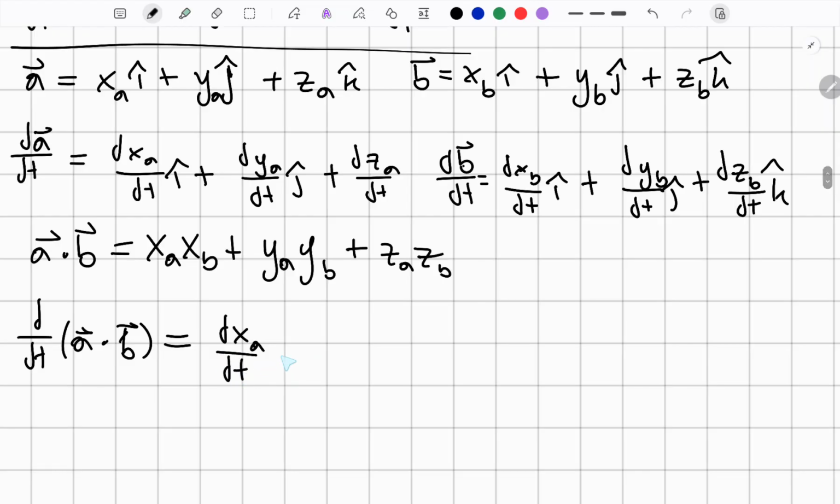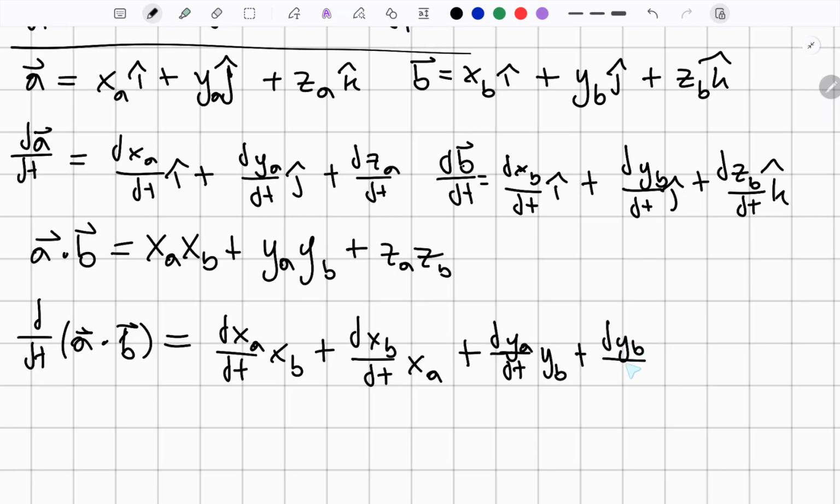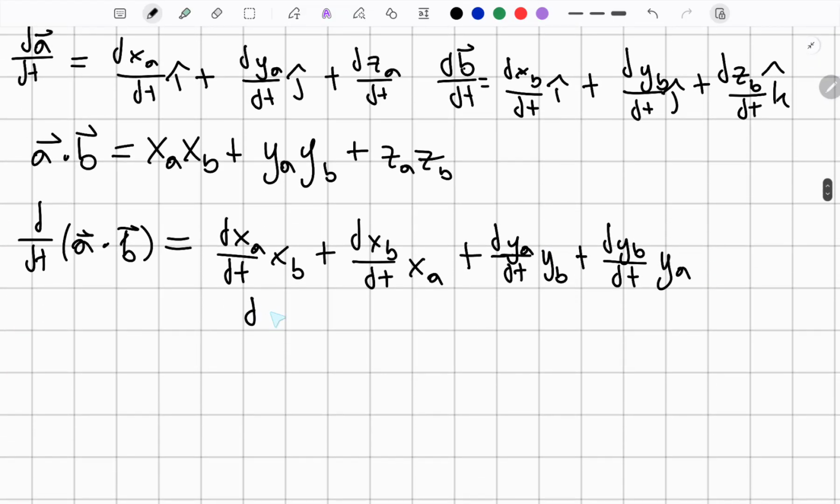Using our regular product rule, we can show that this is equal to that.